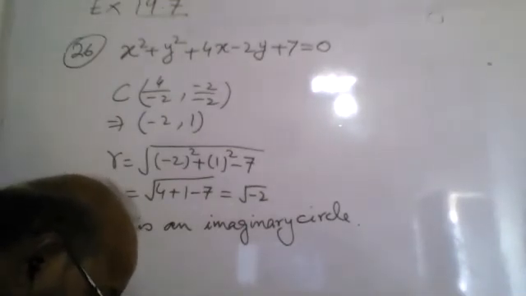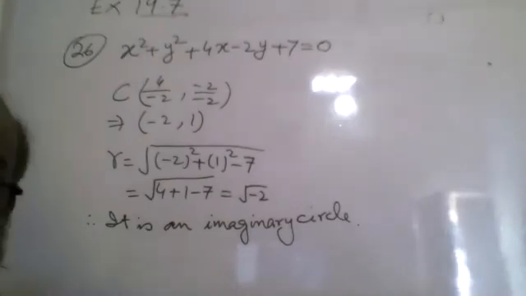X square plus y square minus 6x plus 4y plus 13 equal to 0.